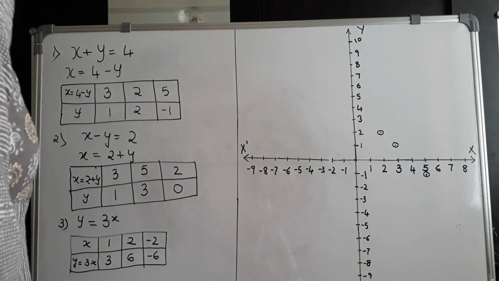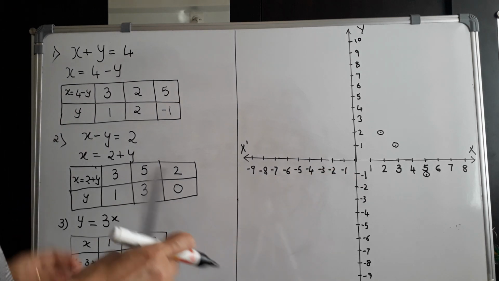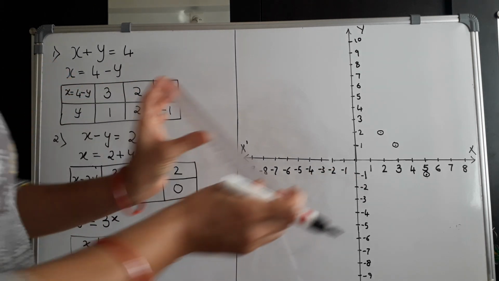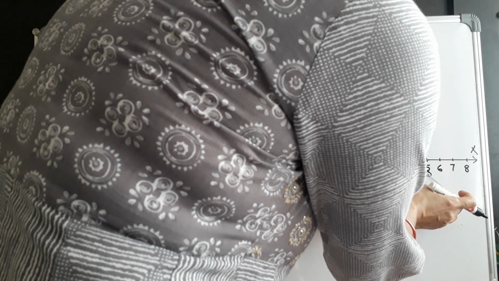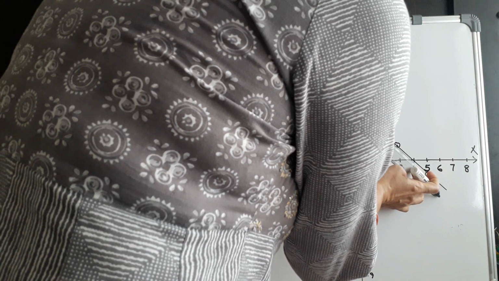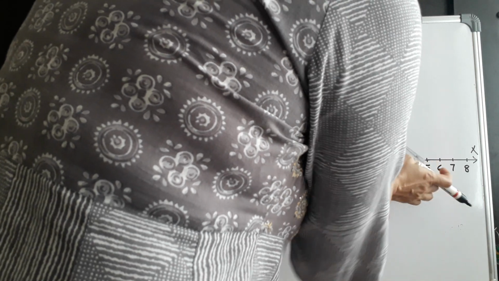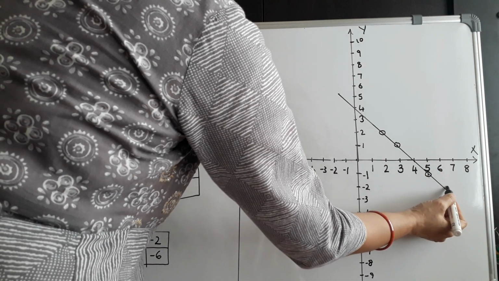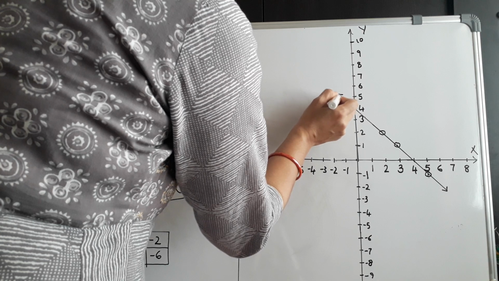Now we should just join these 3 points by using a scale. And remember, you can just elongate it a bit, and since it is a line, you must draw arrows on both the sides.